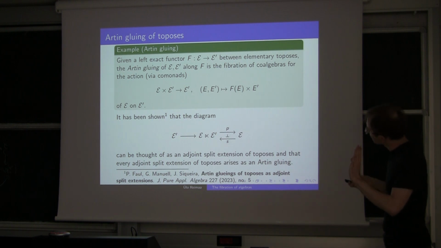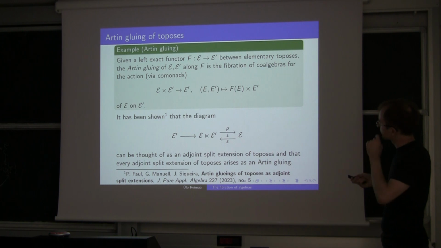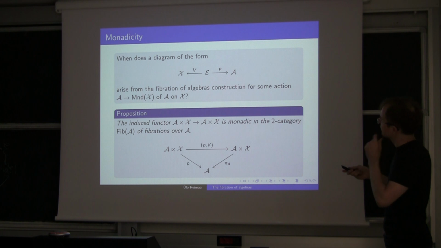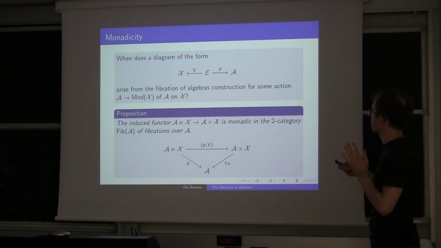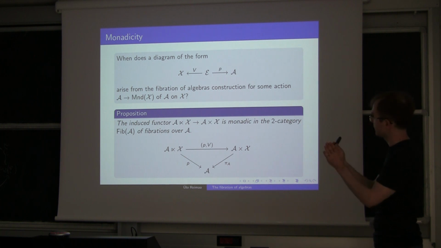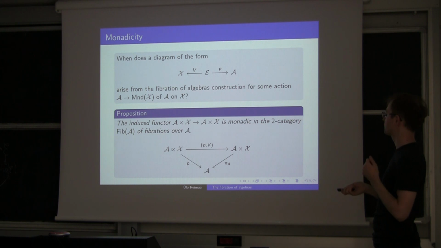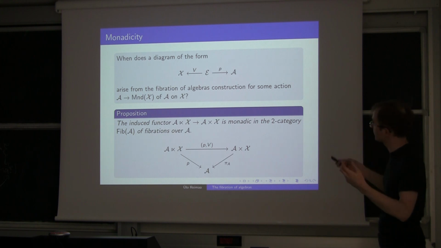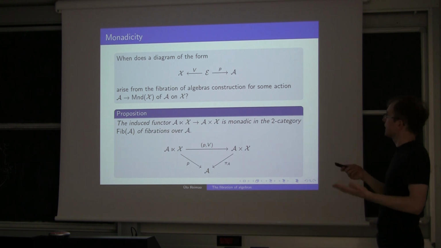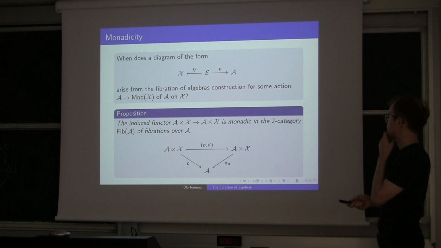So one property that we would be quite interested in is if we have some diagram of this form, then this will be of the same form as we had, with the two projections from the fibration of algebras. Well, when does this kind of diagram arise as the diagram of the fibration of algebras construction?